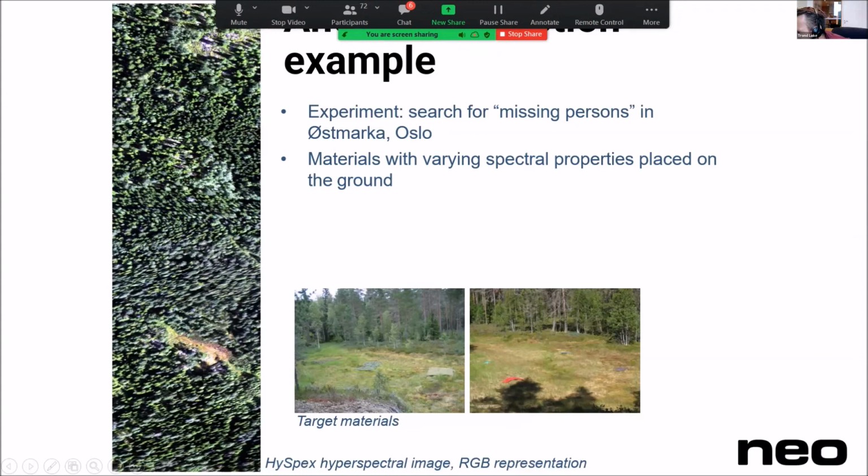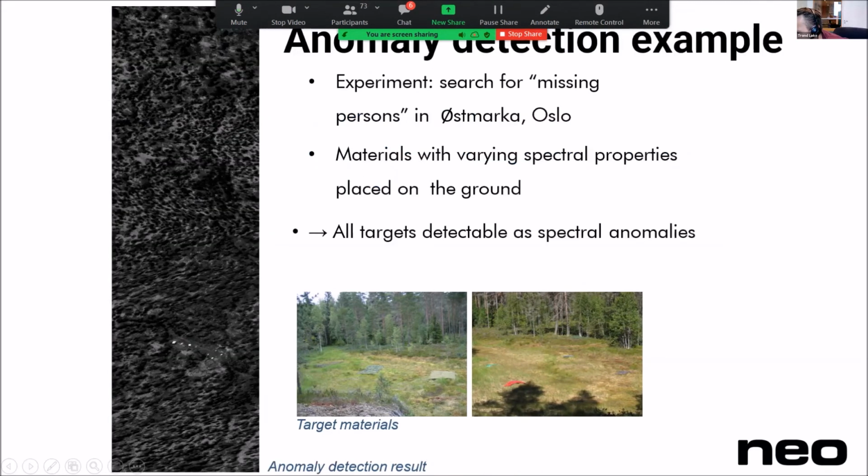Another example of anomaly detection, missing persons in Østmarka in Oslo. You can see here the objects. Again, this is a CRX or anomaly detection image.